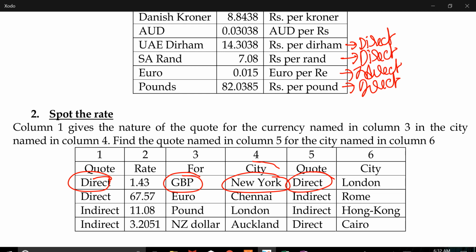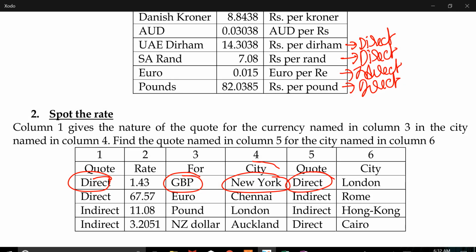Direct quote. Now tell me, is it USD 1.43 per GBP or GBP 1.43 per USD? USD 1.43 per GBP. Any doubts on this? It's a direct quote in USA, so USA's currency should come first. So write USD 1.43 per GBP.